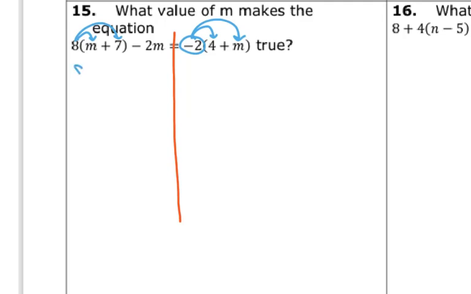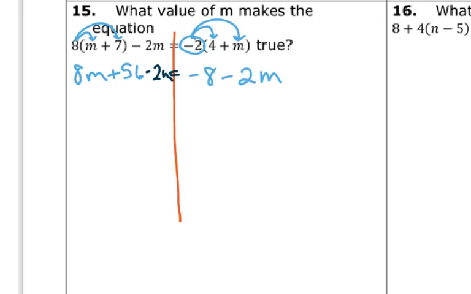Okay, 8 times m is 8m. 8 times 7 is 56. Minus 2m equals. Negative 2 times 4 is a negative 8. Negative 2 times m is a minus 2m.